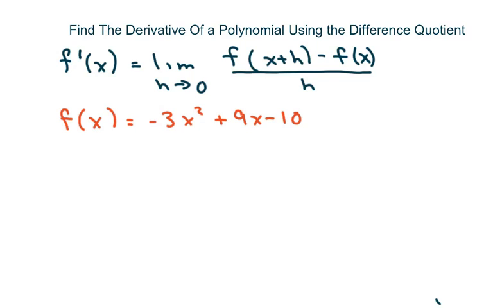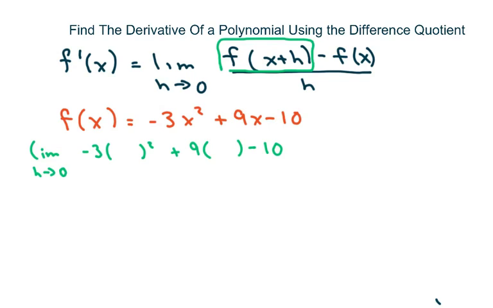So the first thing I'm going to do is this part right here. Everywhere there's an x, I'm going to put x plus h. So I'm going to do the limit as h approaches 0 of negative 3, there's the x, and then 9, and there's the x, minus 10.